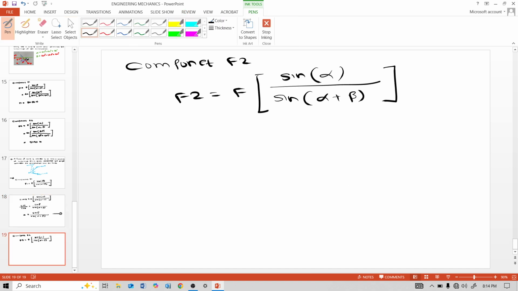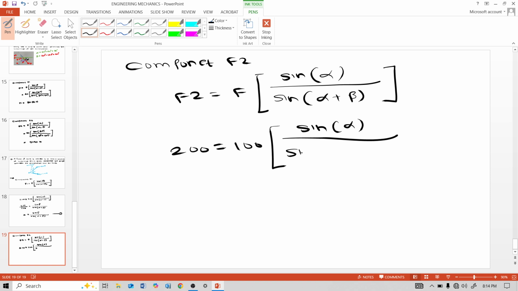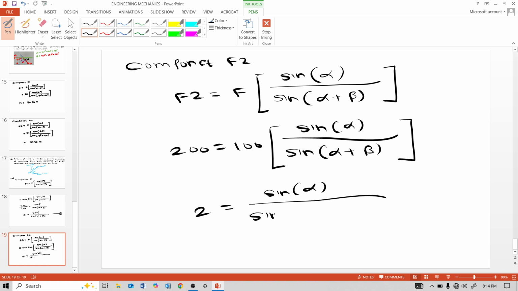So in the denominator both angles will come. F2 is 200 Newton and F is 100, so 200 upon 100, mathematically 2 is equal to sine of alpha upon sine of alpha plus beta. Consider this as equation 2.